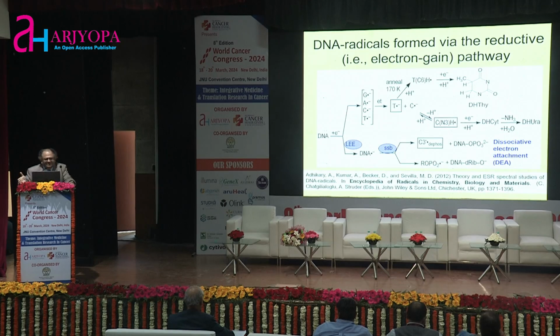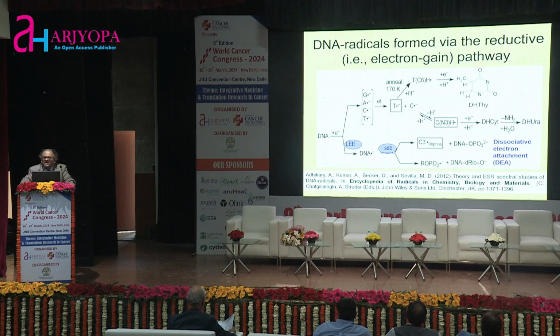Now, similar mechanisms happen for the DNA anion radicals. As I mentioned, because of the ionization events and the electron capture, these events are random, so all the bases and the sugar phosphate backbone will capture electrons, and through the electron transfer process, the electrons will be captured by the most electron affinic bases, thymine and cytosine, producing the anion radicals. Just like I told you, the cation radicals are Lewis acids or Bronsted acids and they lose protons.